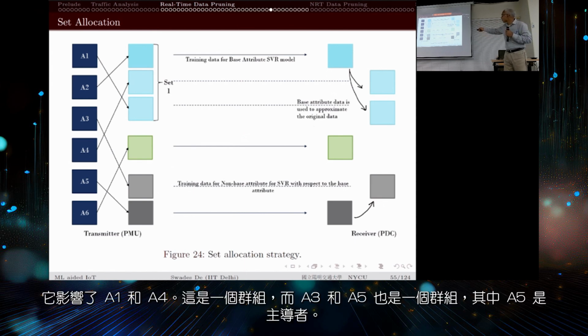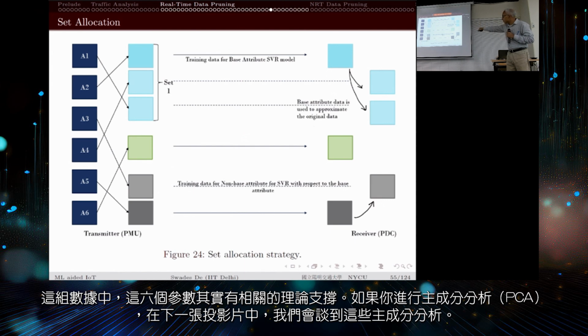This is influencing A1 and A4. So this is a cluster, and A6 is independent. It is not correlated with any other, and A3 and A5 are also clustered, and out of them A5 is the leader.